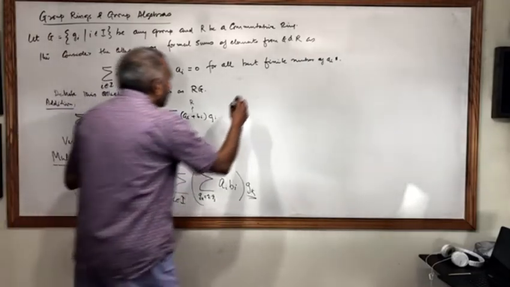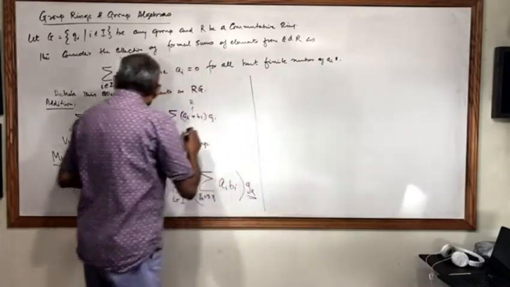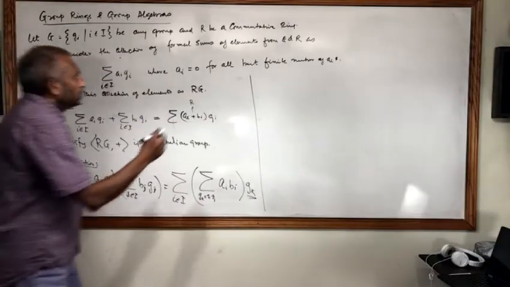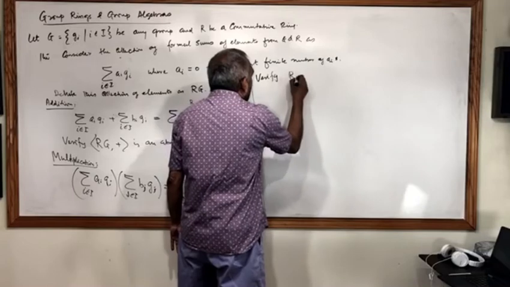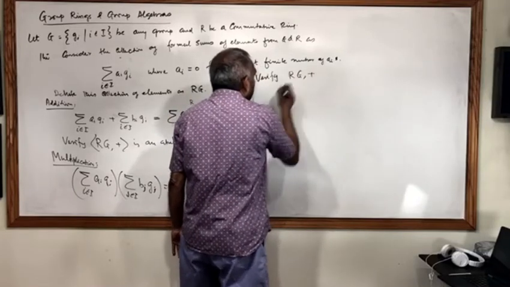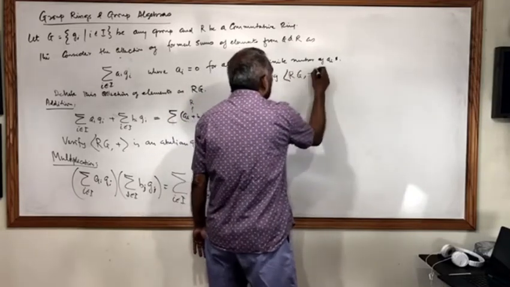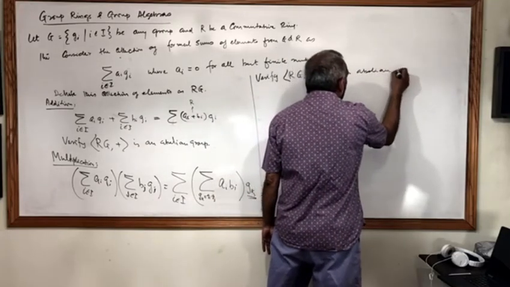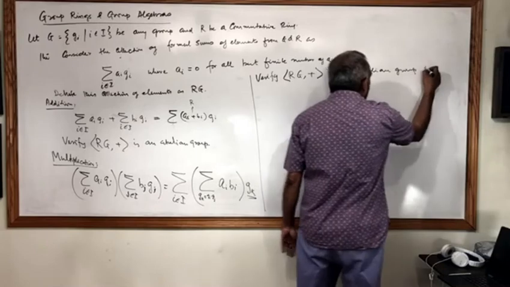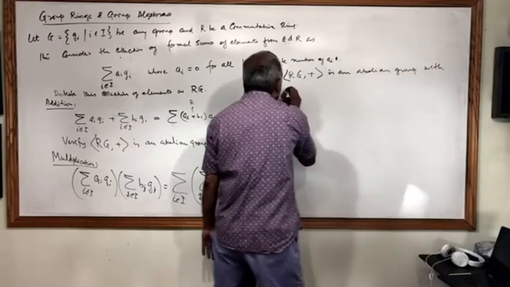So with this, we need to verify this is a ring. Verify RG with addition is an abelian group with identity.